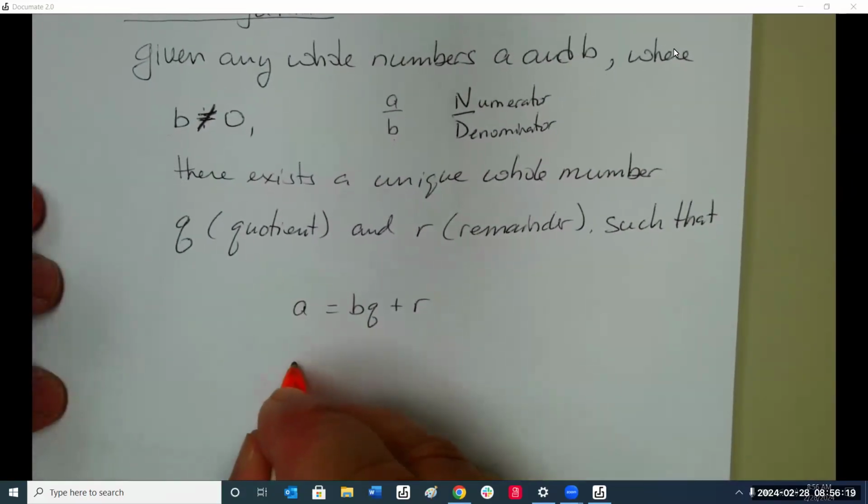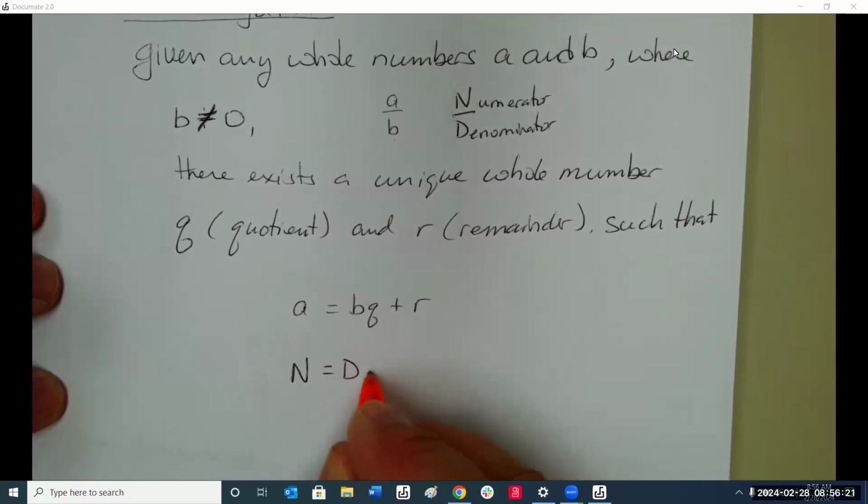So it's actually the numerator equals denominator times the quotient plus the remainder.